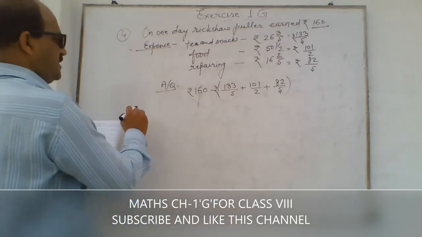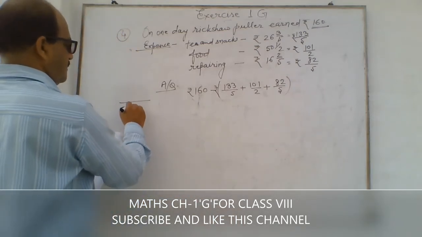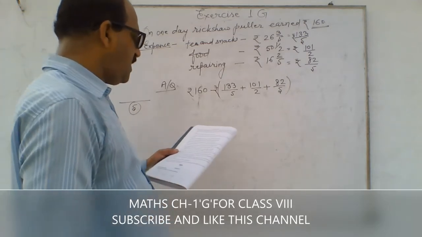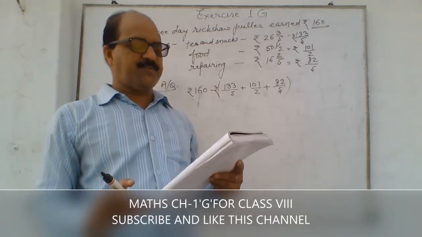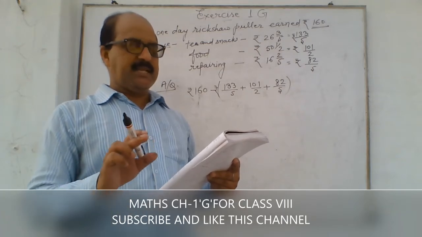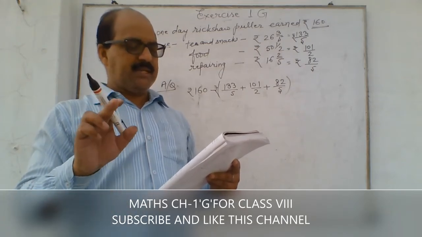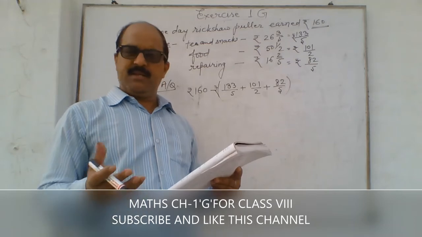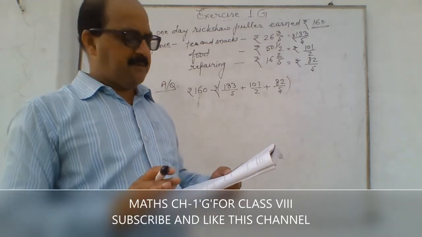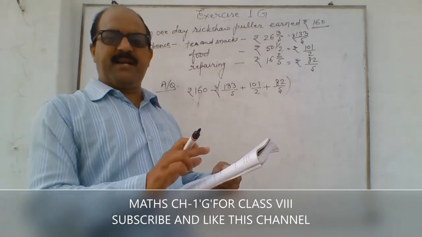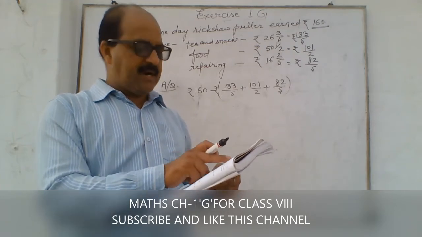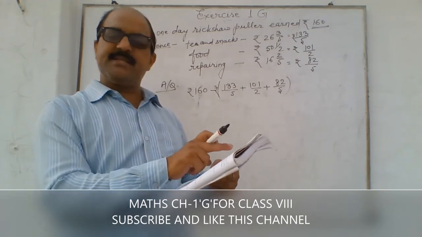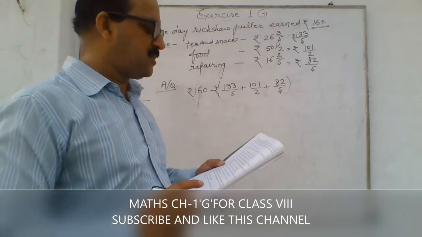Now, see question number 5. Find the cost of 3 whole 2 by 5 meters of cloth at rupees 63 whole 3 by 4 per meter. Here, the previous questions I have solved. You have to multiply it because the unit value is given per meter, and the question has demanded 3 whole 2 by 5 meter of cloth.